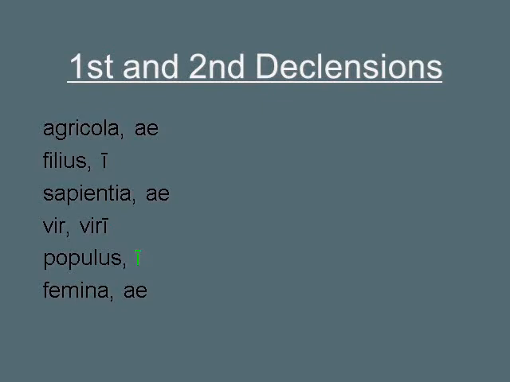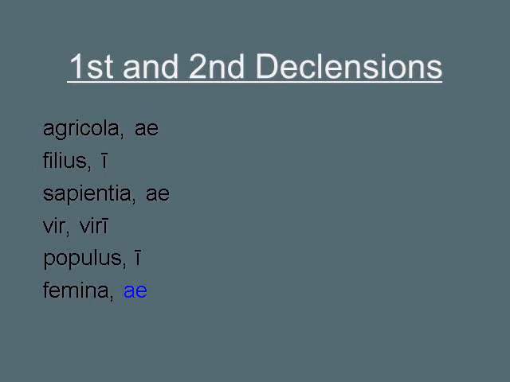The fifth example, populus, also has a long I in the genitive, making it a second declension as well. And our final one, femina, having an AE in the genitive, must be first declension.